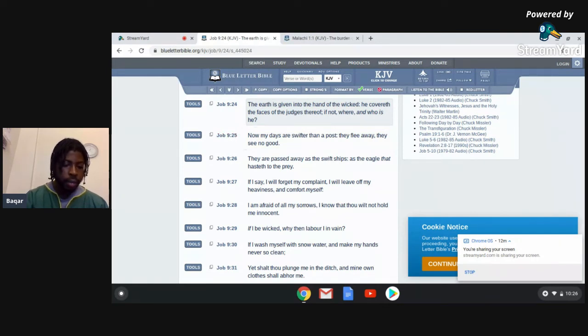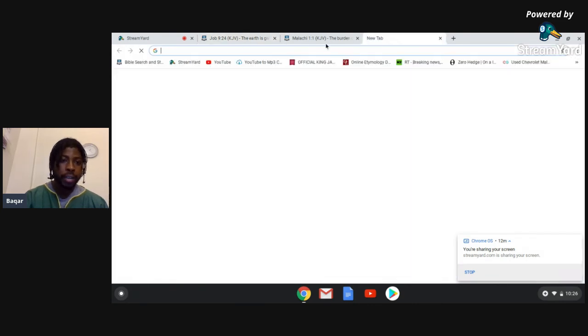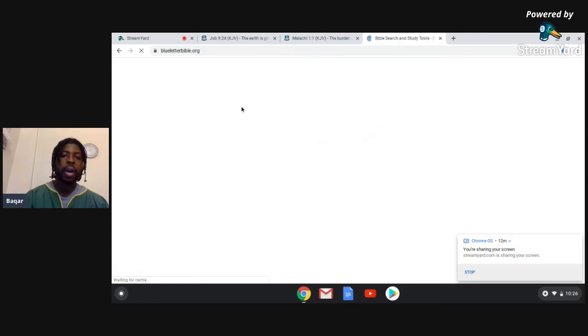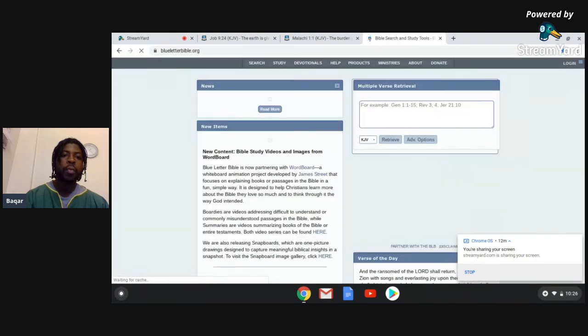It says, the earth is given into the hand of the wicked. He covereth the faces of the judges thereof. If not, where and who is he? Now, actually, I can go to two precepts to back up or explain what the scripture is saying here.